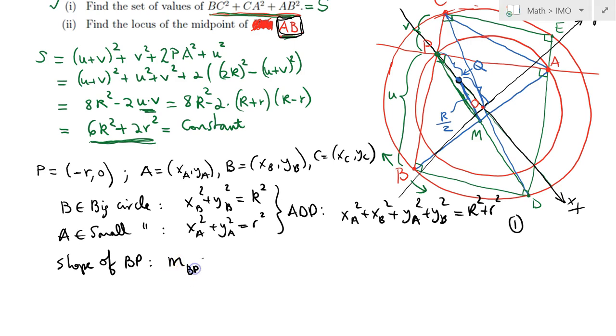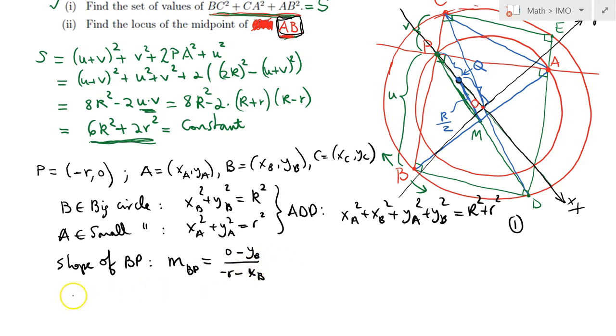We know the coordinates of P, we know the coordinates of B, so it would be, the sign wouldn't matter, the y for P, which is 0, minus the y for B, yb, divided by the x's, which is minus r minus xb.